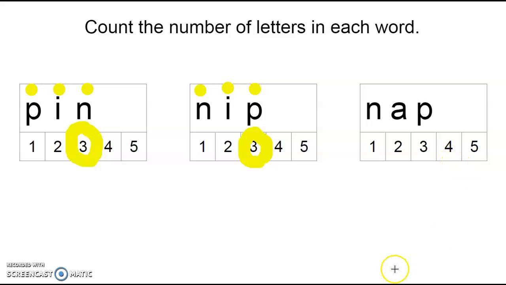The next word on this page is nap. Nap. N-A-P spells nap. Let's count the letters together. 1, 2, 3. Nap has 3 letters in it too. Great job.